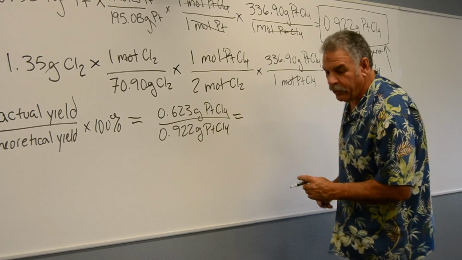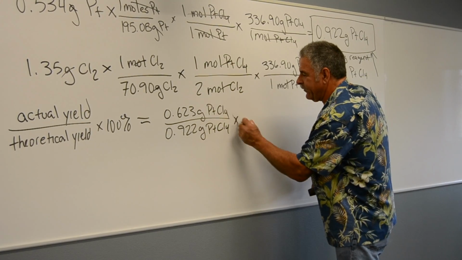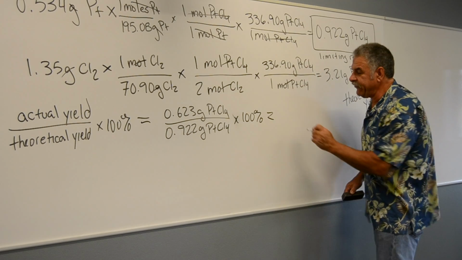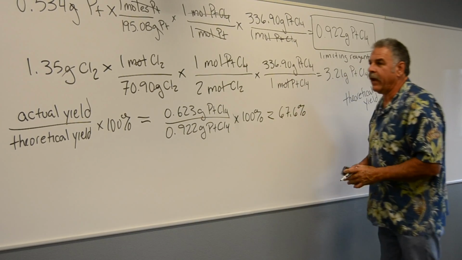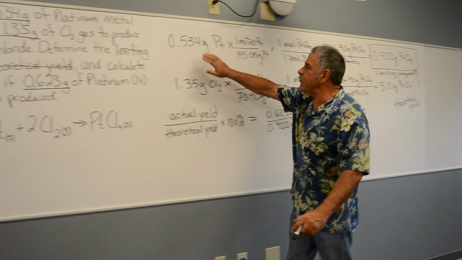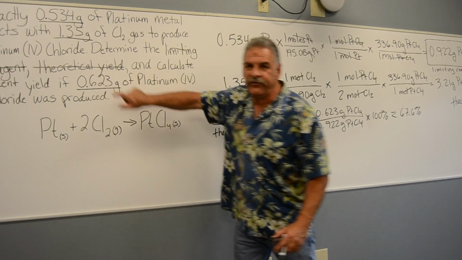Oh, have to do the multiplication, don't forget. Times 100%, and that yields 67.6. Once you've calculated the significant figures, which in this case, all these numbers have 1, 2, 3 significant figures.